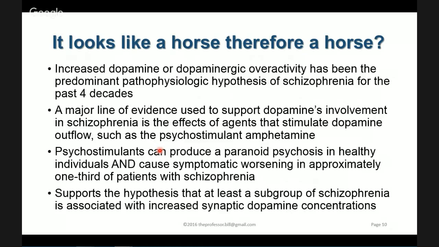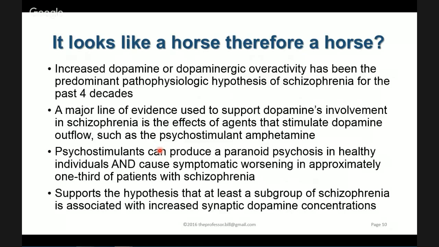One of the things that happens in schizophrenia is that there's some sort of change in the dopaminergic system. Your dopaminergic system in schizophrenia becomes very overactive. It becomes hyperactive in many cases. This is one of the reasons why we consider the dopaminergic hypothesis in schizophrenia, and it has been the dominant hypothesis for the past 4 decades.